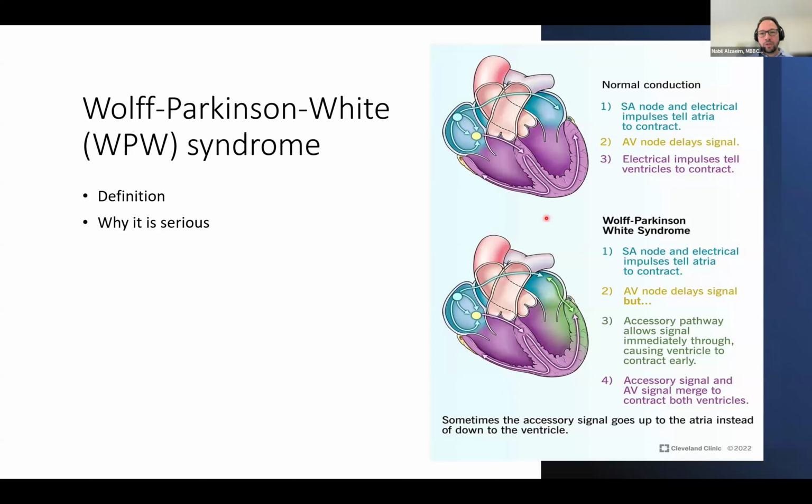Catheter ablation is the first line therapy for these patients. The success rate for ablation is high, but it is dictated by the location of the accessory pathway. Usually antiarrhythmic therapy is second line therapy in these patients.